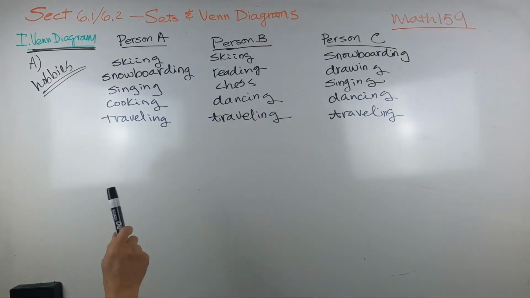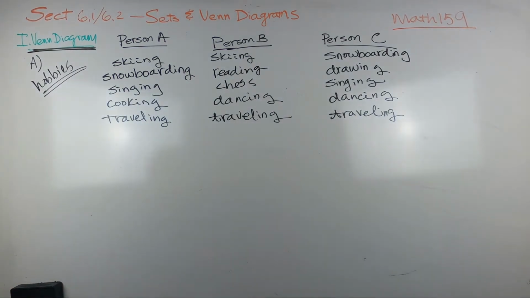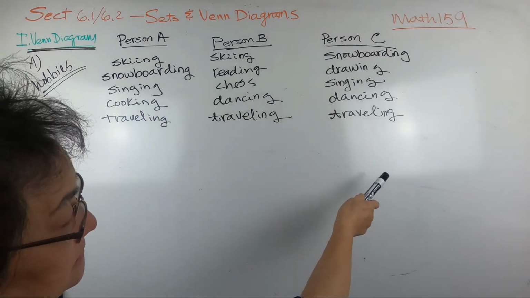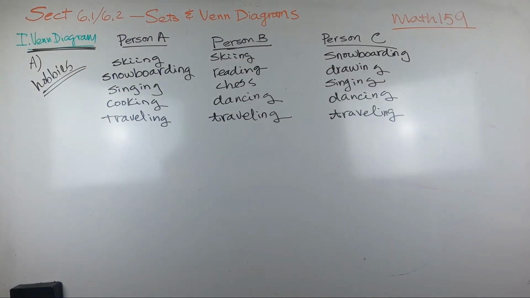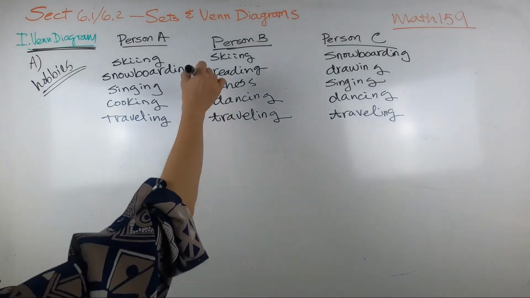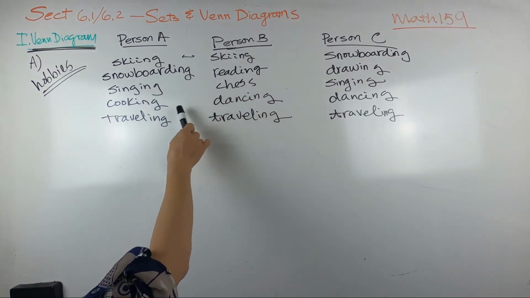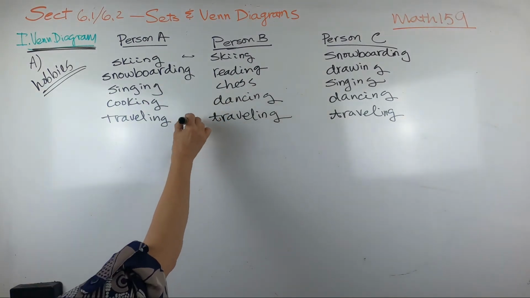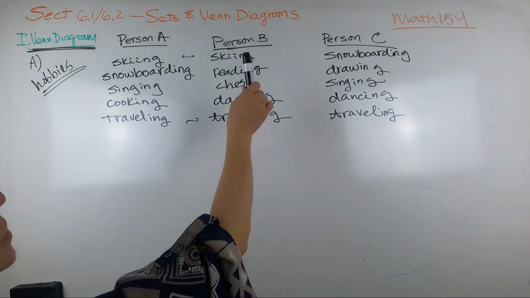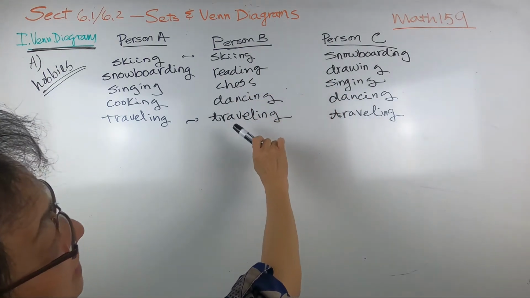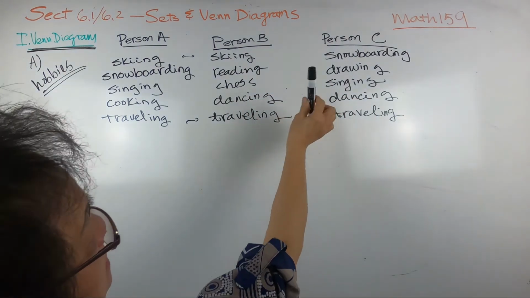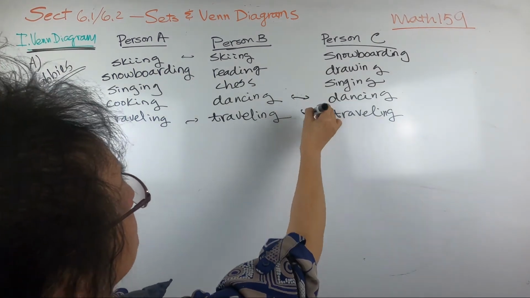You look at them, then we like to know what they have in common, or what the difference is. Comparing person A and person B, what do they have in common? Skiing, and traveling. For person B and person C, dancing and traveling.